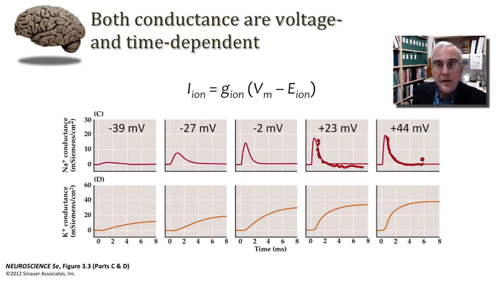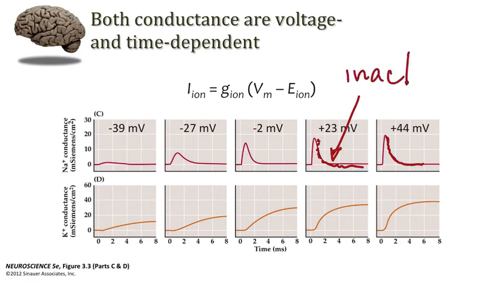So we're going to want to understand that point in the next tutorial, but for now I'll just highlight the fact that the sodium conductance inactivates. And what we mean by that is this rapid fall in conductance that follows the rapid rise.